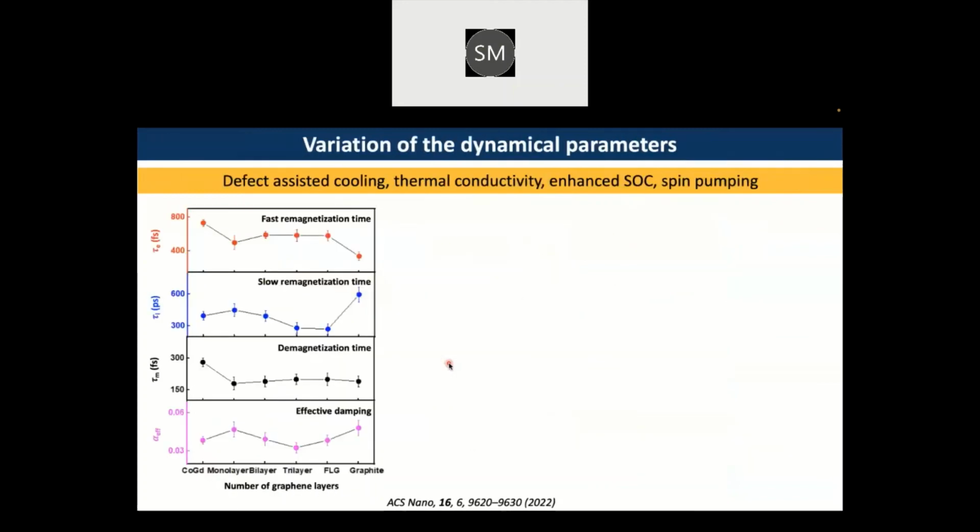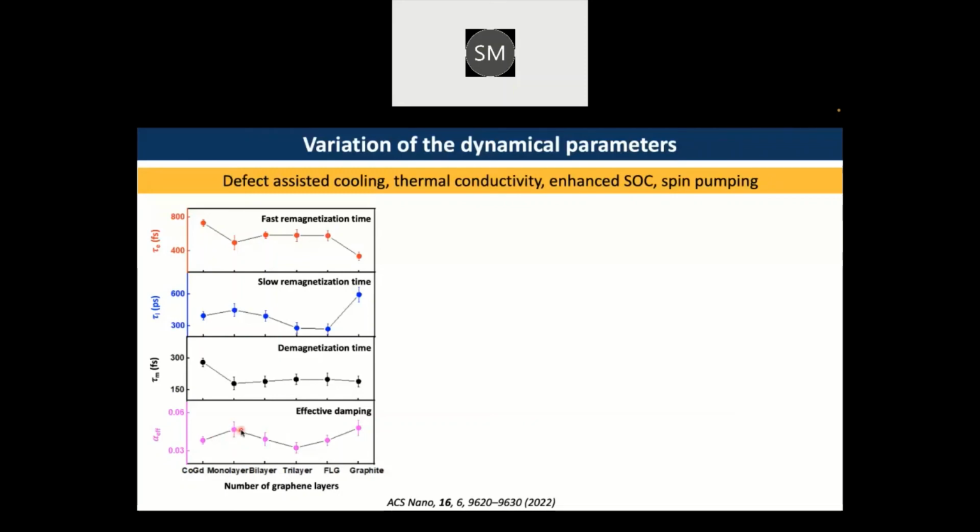Now in this case, the spin orbit coupling has effect on several dynamical parameters, but the spin orbit coupling in monolayer is extrinsic in nature, and the intrinsic spin orbit coupling of graphite itself is already elevated. So the effect of spin orbit coupling is not monotonically varying.